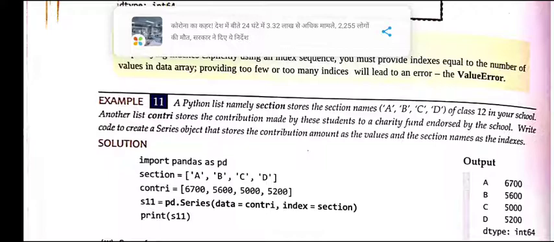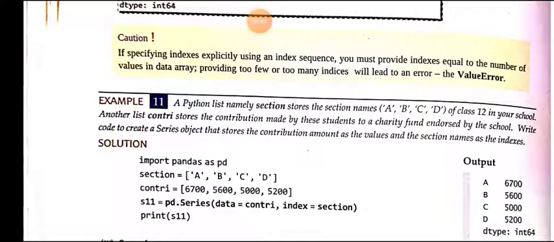Now again, one example is given in your book. A Python list, namely section, stores the names A, B, C, D for class 12 in your school. Another list, contri, stores the contribution made by these students to a charity fund collected by the school. Write code to create a series object that stores the contribution amount as the values and the section names as the indices.